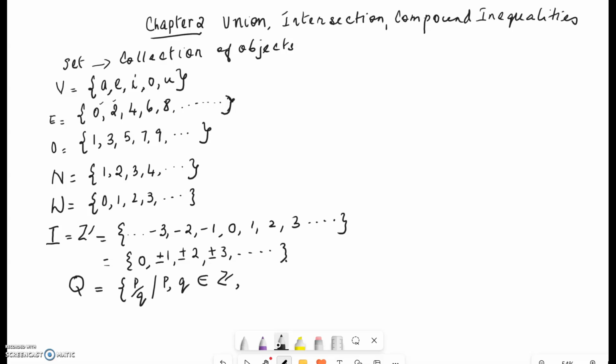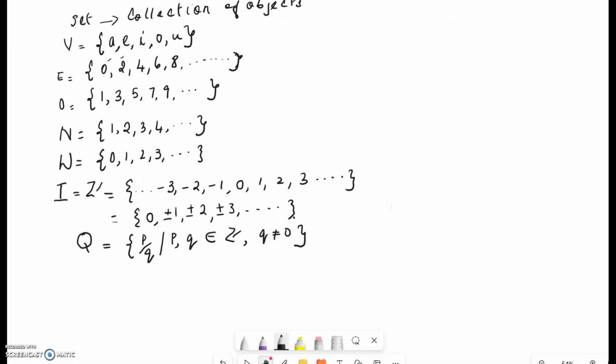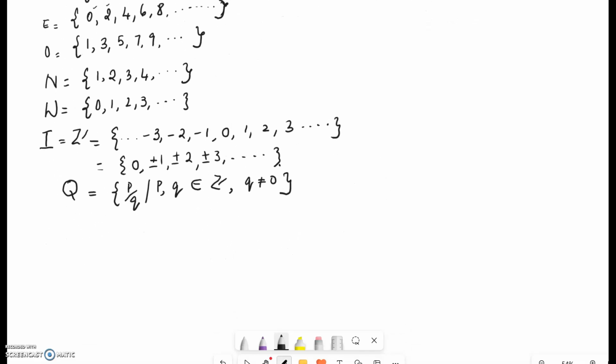And one more important thing is that the denominator cannot be equal to 0. So this is called the set notation. The symbols that we use to describe the numbers in the set, we use the notation, and it's called the set notation.